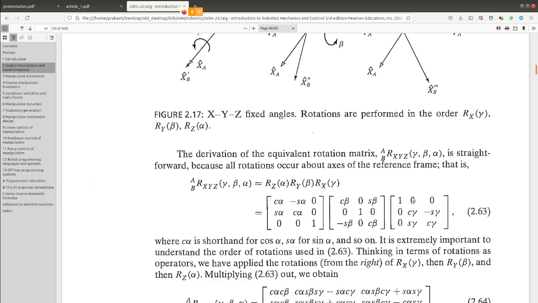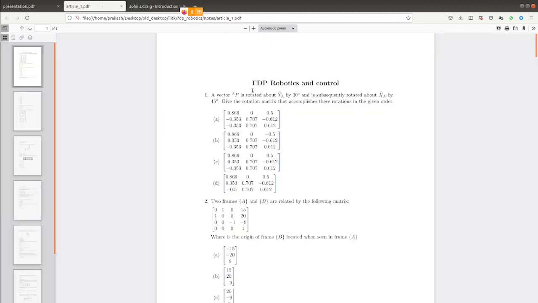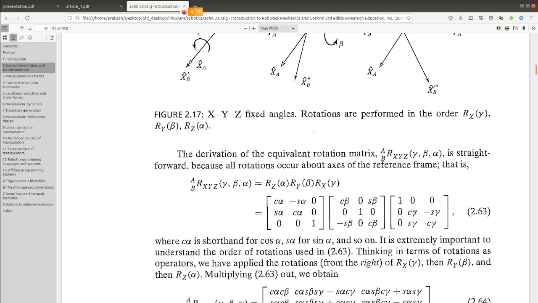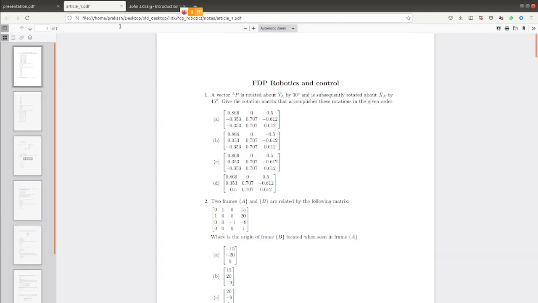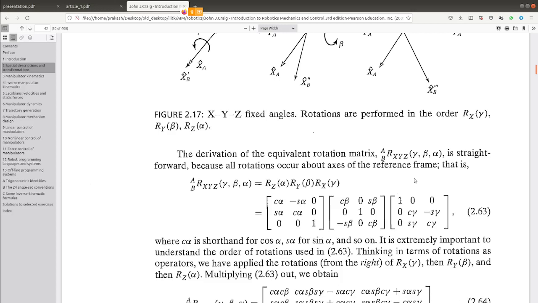So what you need to do is, in the place of beta we need to put 30 degrees, and in the place of gamma we need to put 45 degrees. But we need to multiply in a particular sequence. That sequence is important.